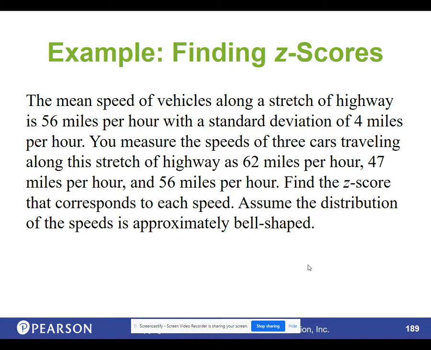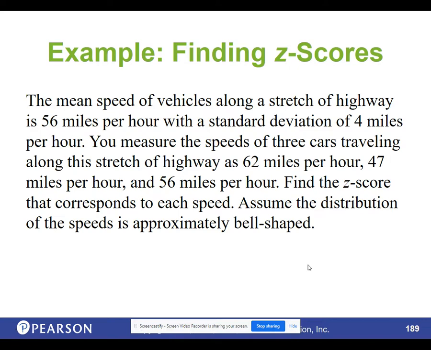A z-score of 1.5 belongs about right here. I think it's highly probable that we'll have somebody that's going 62 miles an hour in that speed zone. Yeah, that's not unlikely. It's within the 95%, right?